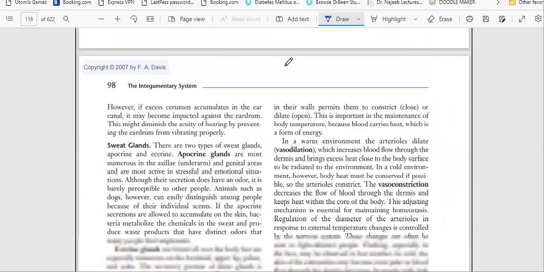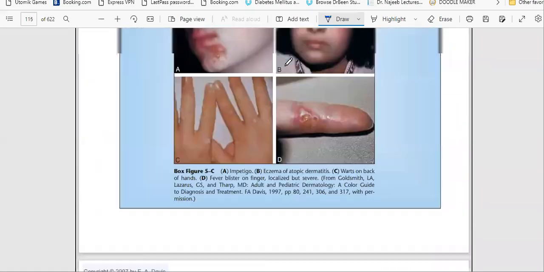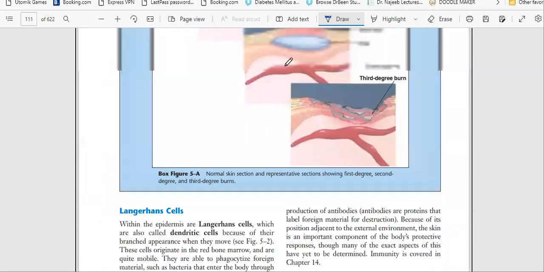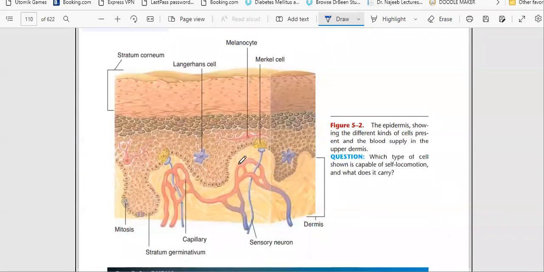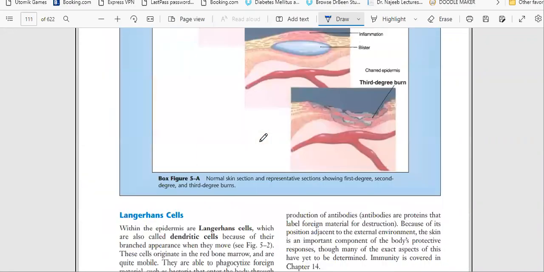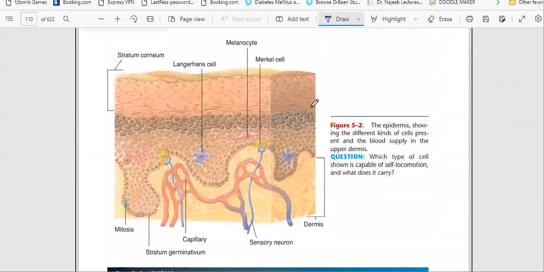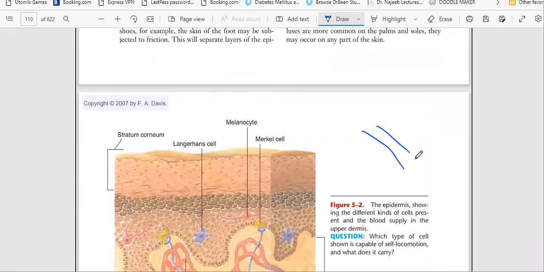I think here we have the diagram. Here we have the diagram of Merkel cells. This is the nerve ending. These are the receptor Merkel cells, attached to the free nerve endings, which are directly attached to these Merkel cells.